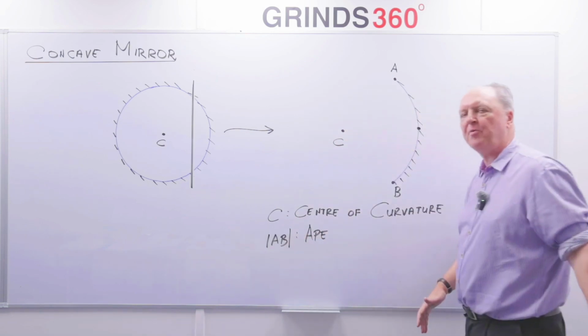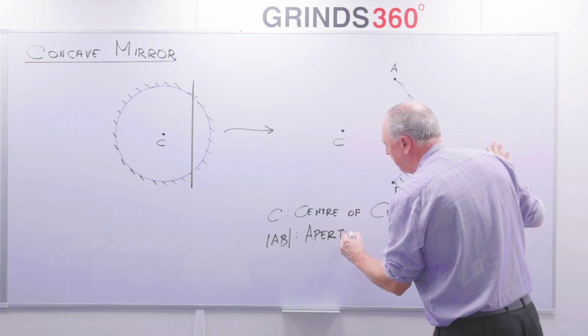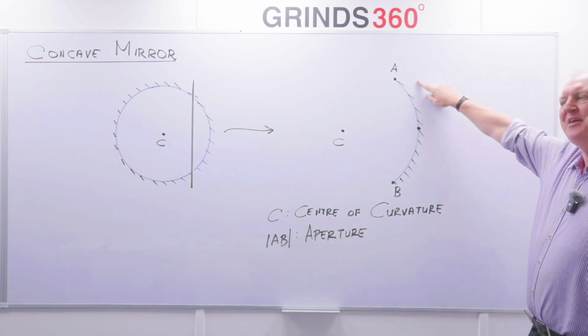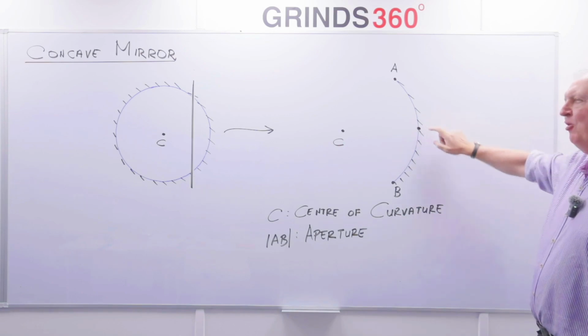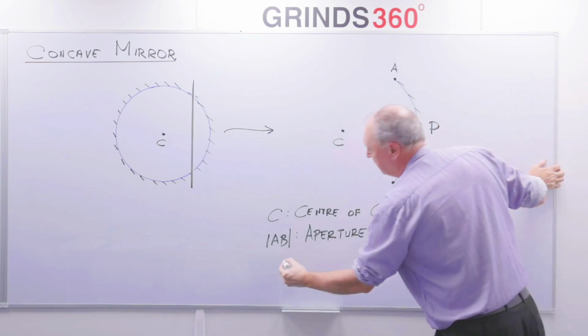You hear that quite a lot when we talk about optical instruments. And then if I go halfway down from A to B, that point there is called the pole of the mirror.